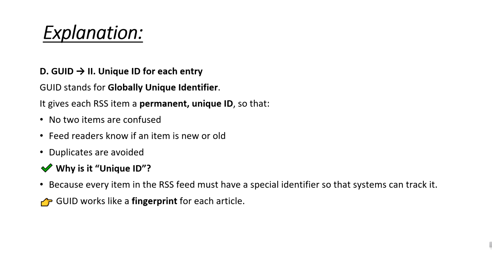It stands for Globally Unique Identifier. It gives each RSS item a permanent unique ID so that no two items are confused. Feed readers know if an item is new or old. Duplicates are avoided. So that's the reason behind association of unique ID for each entry with GUID.